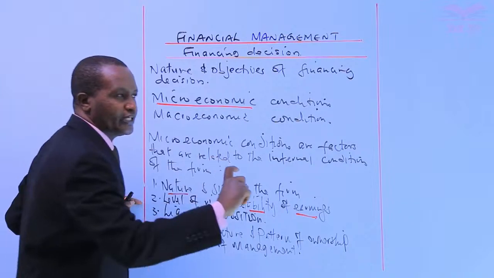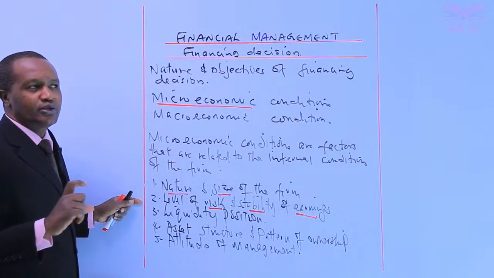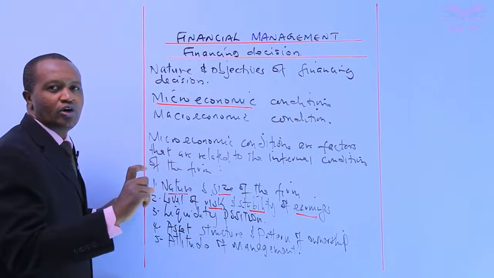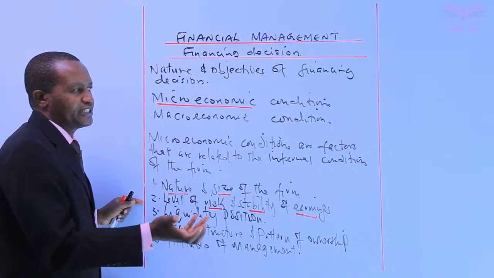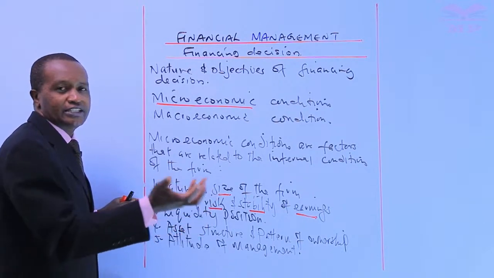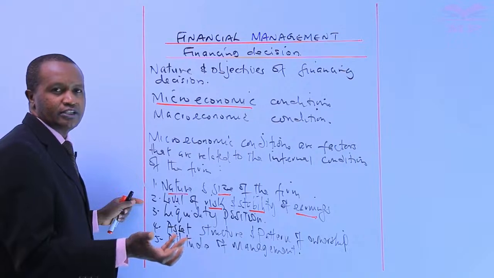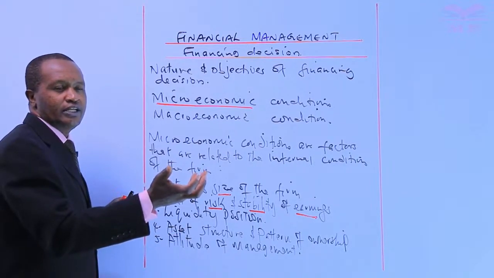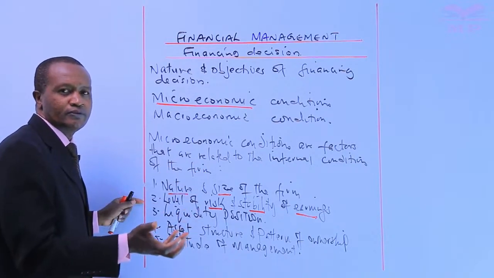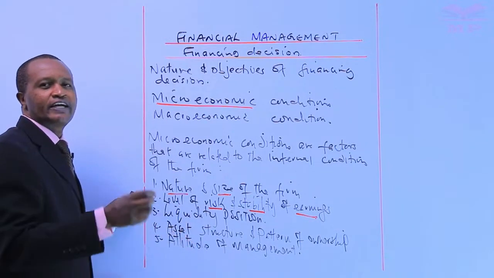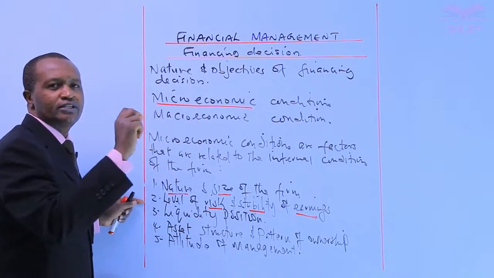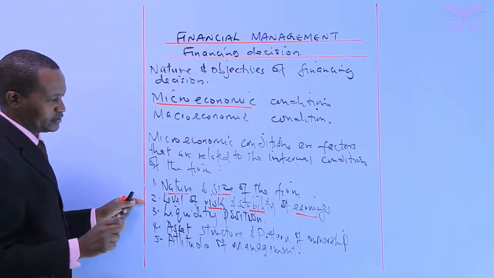But with stable income, or lower risk, because a company that has a stable income is a company that has a lower risk, the financial decision will be just the reverse.